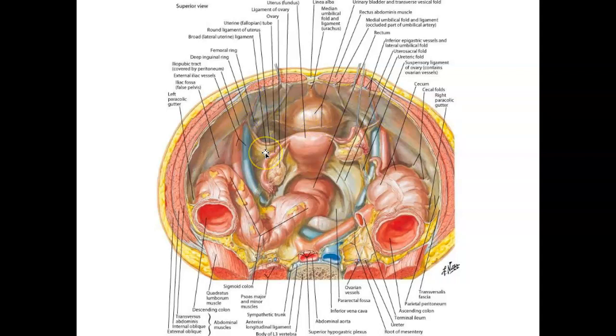Remember when we talked about how the gubernaculum pulls the ovaries and the testes down early in development, and that leaves the ovaries in the pelvis. Obviously, for the male, we talked about it bringing the testicles down through the inguinal canal into the scrotum. But that's not what happens here.